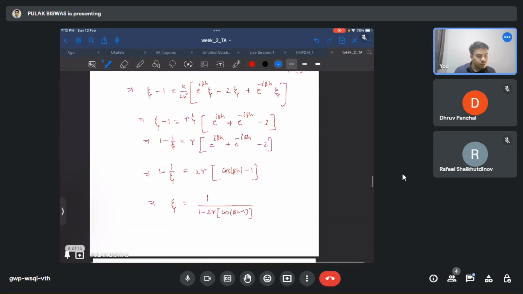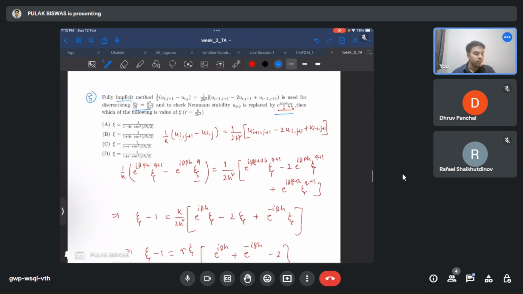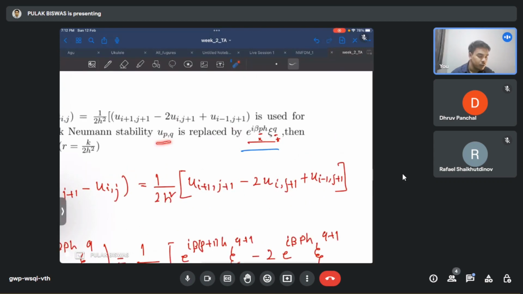So there are two methods by which the stability is analyzed. One is this Neumann stability, and there is another method that is called the matrix method. So you have to remember this: we have to replace these values, as we mentioned, U_pq has to be replaced by this one.